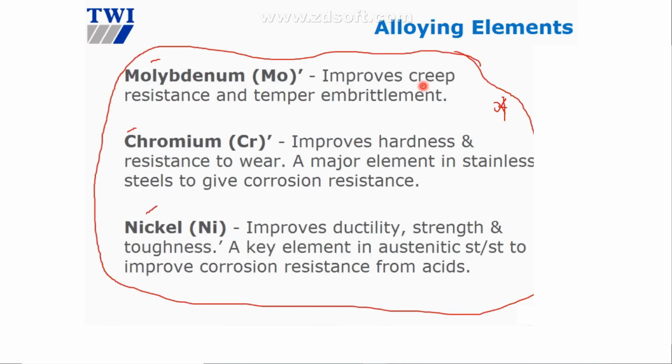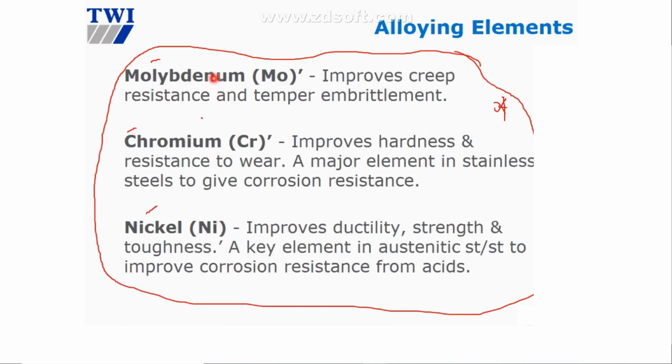When there is pressure together with heat, gradually the pipe becomes permanently distorted. So that is creep. The pipe distorts permanently when pressure and heat are applied to the material.